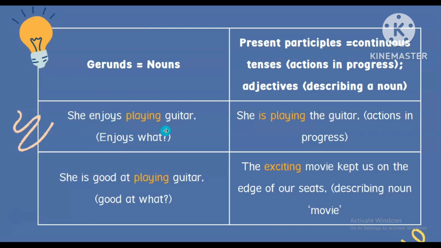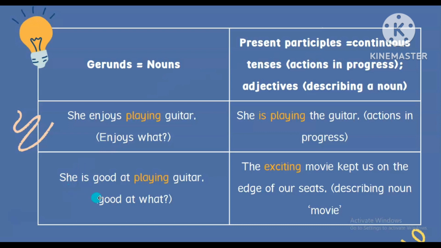She enjoys playing guitar. Therefore, playing is acting as a noun and hence as a gerund. Clear? And here, she is playing the guitar, of course, is denoting a continuous tense and action in progress. So, it is a present participle.